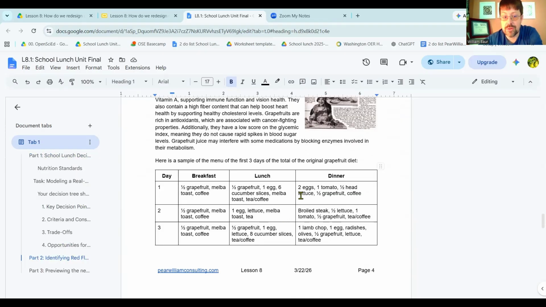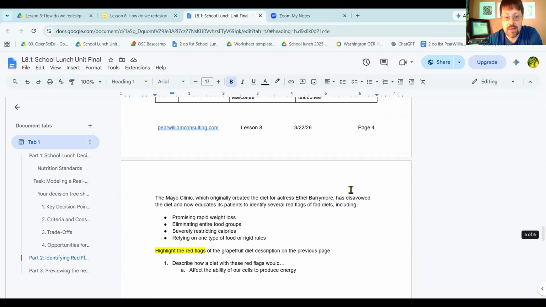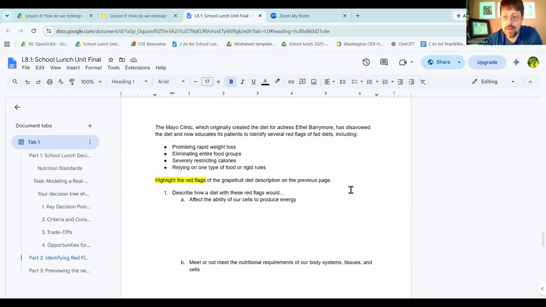And here's an actual sample of the first 3 days of the diet. The irony is that this diet was created by the Mayo Clinic at the request of actress Ethel Barrymore, related to Drew Barrymore. But now the Mayo Clinic advises against using this diet.